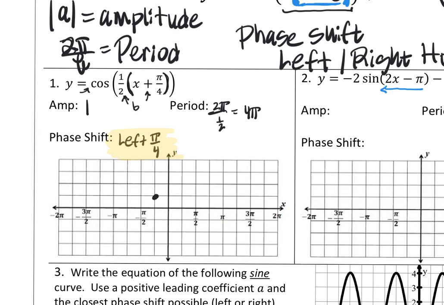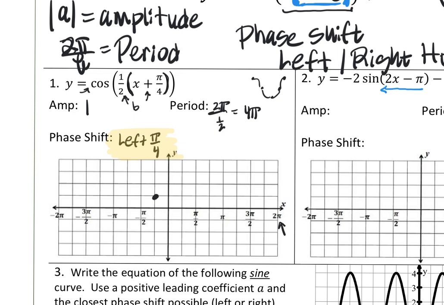We would normally end at 4 pi, but then I'd have to go left pi over 4 from 4 pi. However, they're only giving us 2 pi, which is halfway. Remember, with cosine we start at the top, go to 0, minimum, 0, back to the top. That's a normal cosine, but we're shifting the whole thing left pi over 4 on our graph.